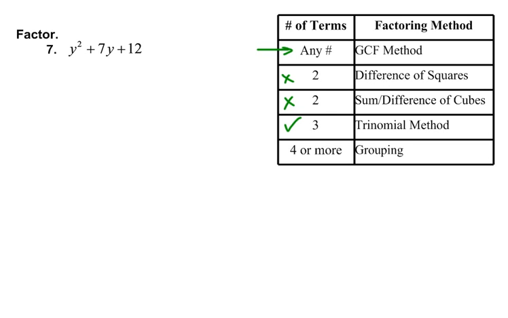So let's look at what we do in the trinomial method. The first thing we're going to do is take our first term and our last term, and we will multiply them together. That would be 12y squared. Now once we get that 12y squared, we're going to list off all the ways to multiply to get 12y squared. So we could multiply together 1y and 12y.